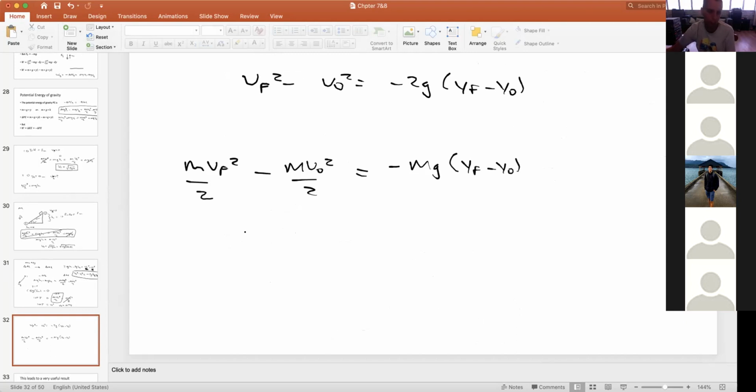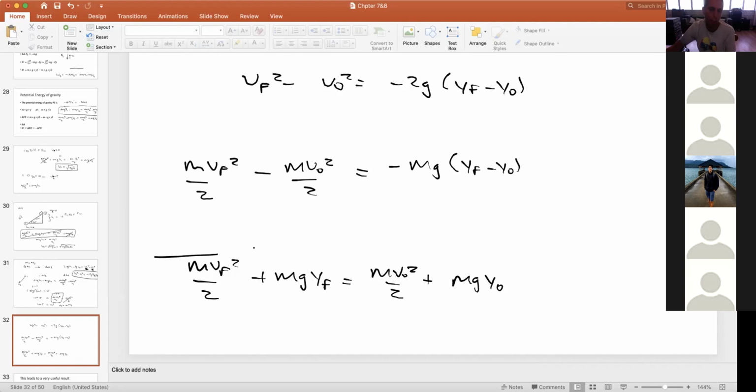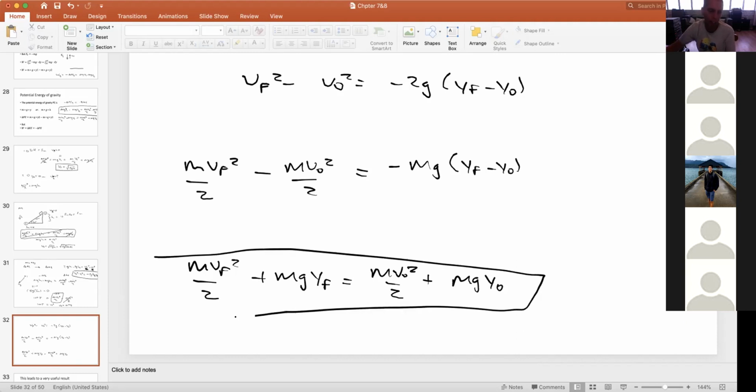If I redo this, I get mv final squared over 2 plus mg y final equals mv initial squared over 2 plus mg y initial, which is the energy equation, which is really nice.